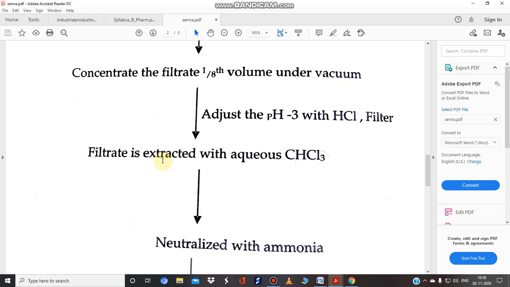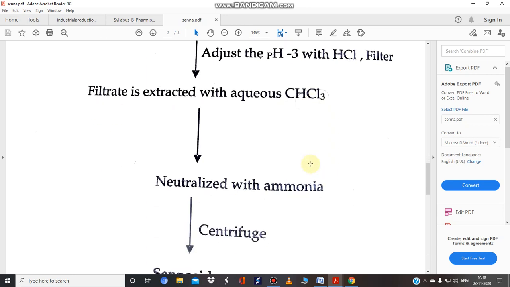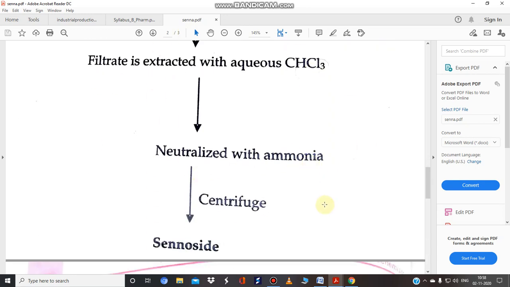Glycone means the sugar part, and aglycone is the non-sugar part. And we know this anthraquinone ring is the non-sugar moiety, and the non-sugar moiety is responsible for its pharmacological action. So that's why this filtrate is extracted with chloroform, because this non-sugar moiety is soluble in an organic solvent like chloroform. Finally, it is neutralized with ammonia, centrifuged, and finally we obtain senoside.